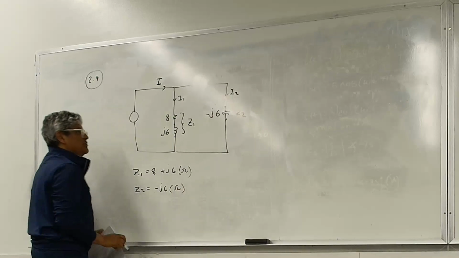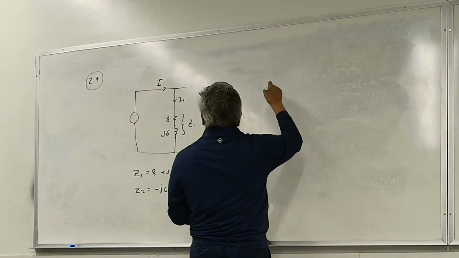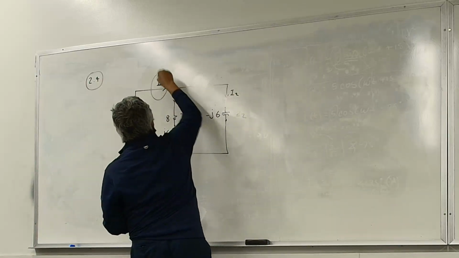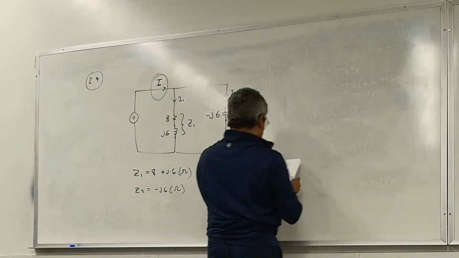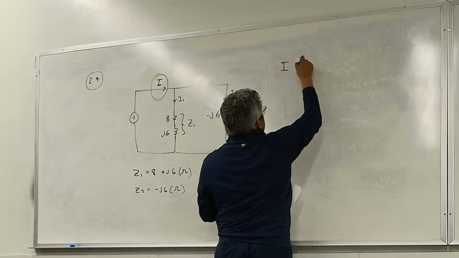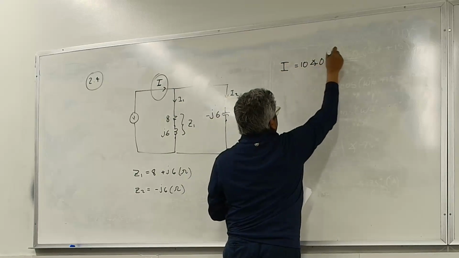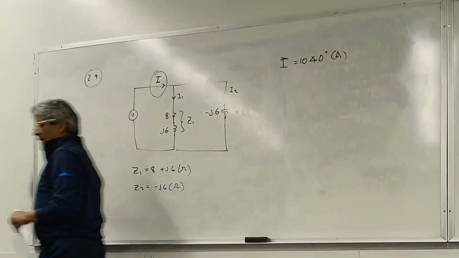So those are the two impedances. They also give us the current I flowing from the voltage source, I equal to 10 angle 0 degrees. They want us to find I1 and I2. So they're making this current the reference phasor.